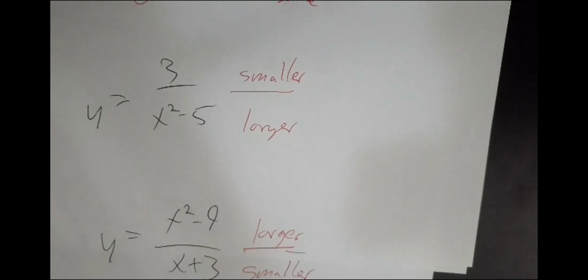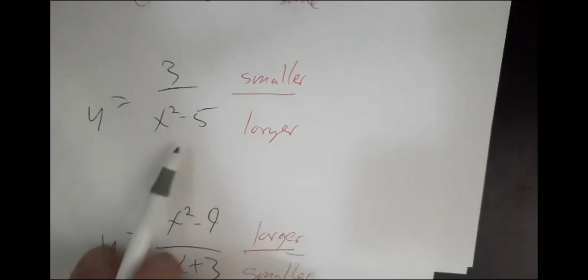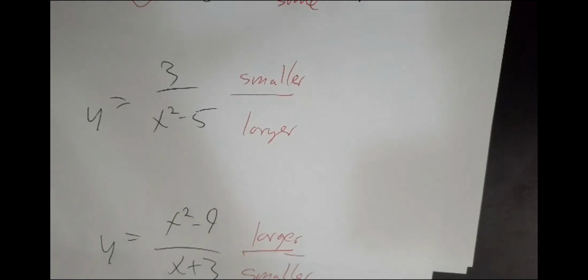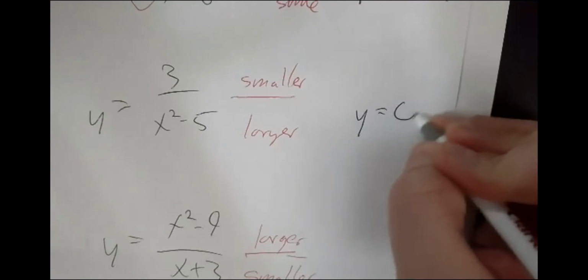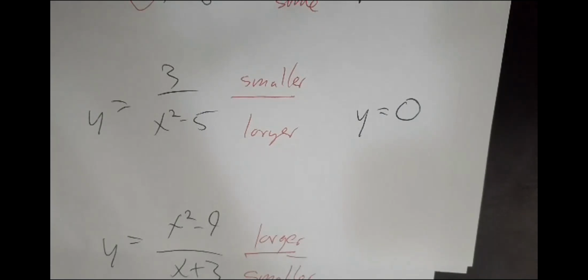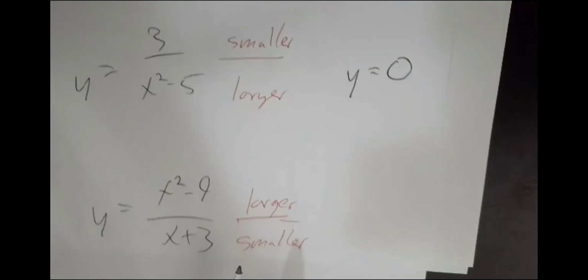So this is 1 over a really large number, which is going towards what number? Zero. So y equals 0 is what this is going towards. If you get something really large on bottom and something really small on top, it's going towards 0.